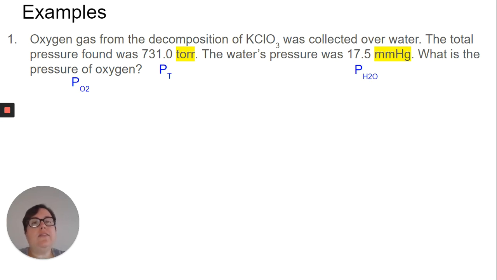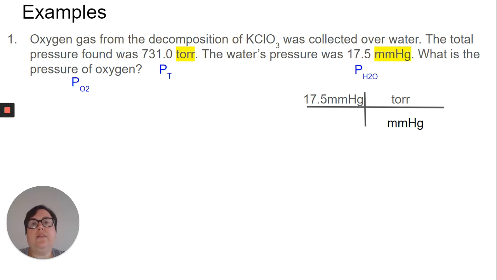So here's a little bit of review for how to convert pressure. You take your given, 17.5 millimeters of mercury. We're going to convert that to torr so it matches our total pressure. So we bring millimeters of mercury down to the bottom and we put torr on the top.